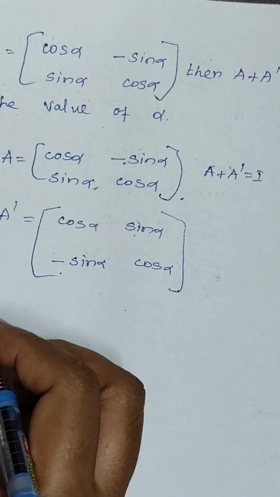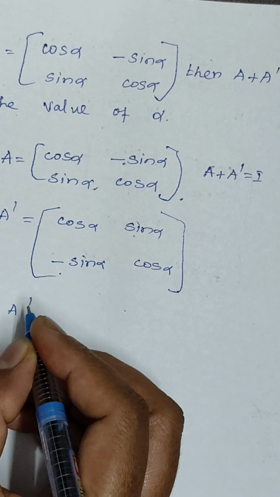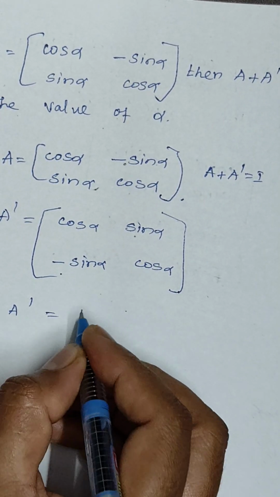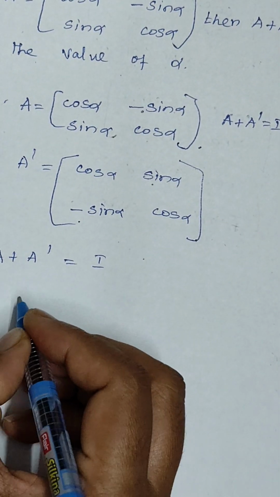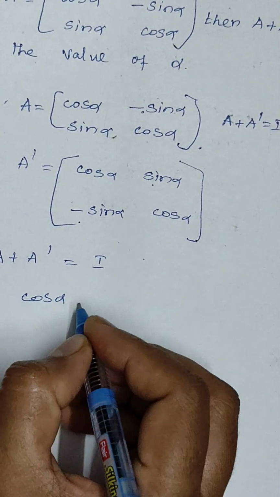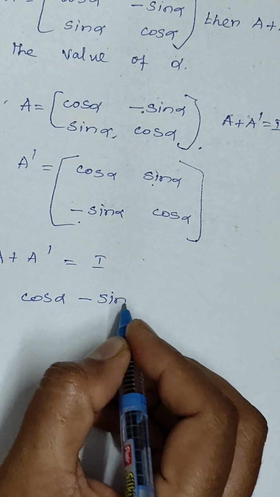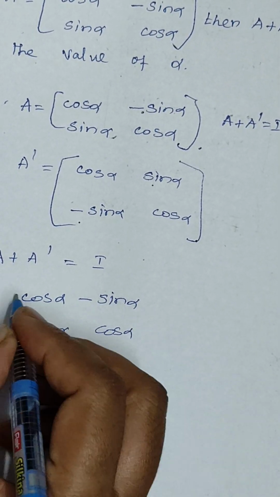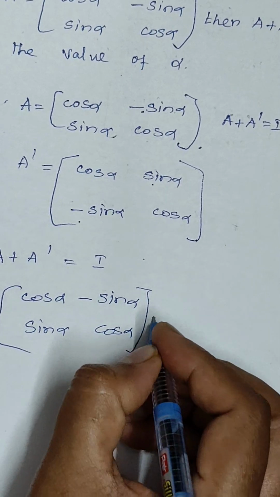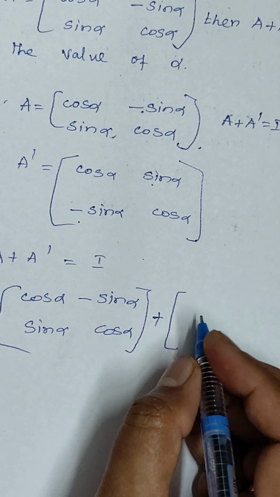Now it is given that A plus A dash equal to I. So here we have to write A plus A dash. That is cos alpha, minus sin alpha, cos alpha, then plus A dash. A dash is what?